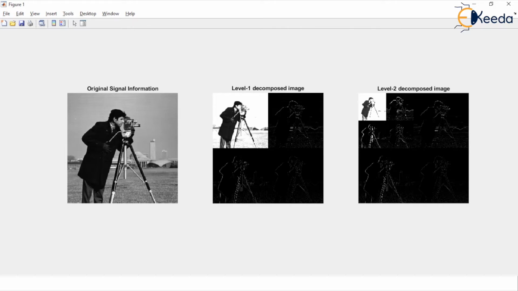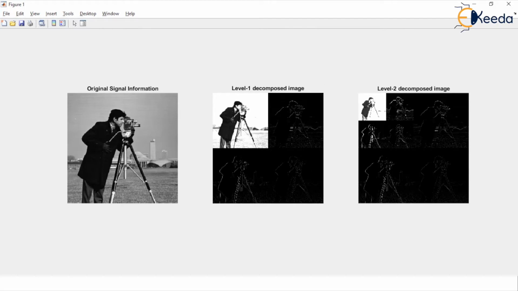So for the label 1 decomposed image, you see the image information has been separated into 4 blocks. There are 4 quadrants that you see. The first block has the major information, which is better for display purposes. The rest of the components have the edge information that you can see.